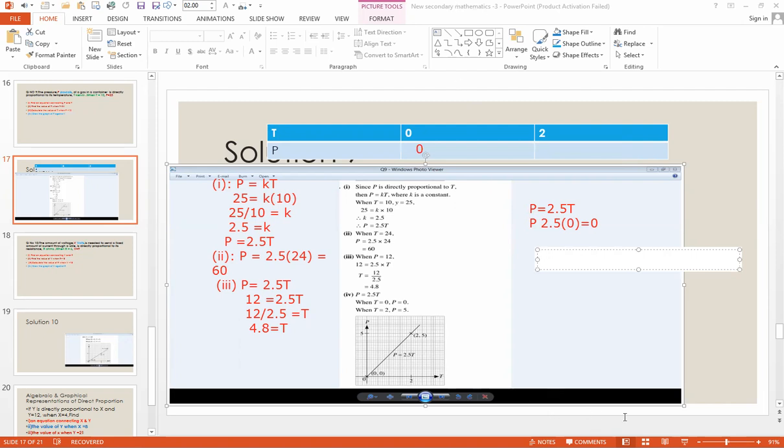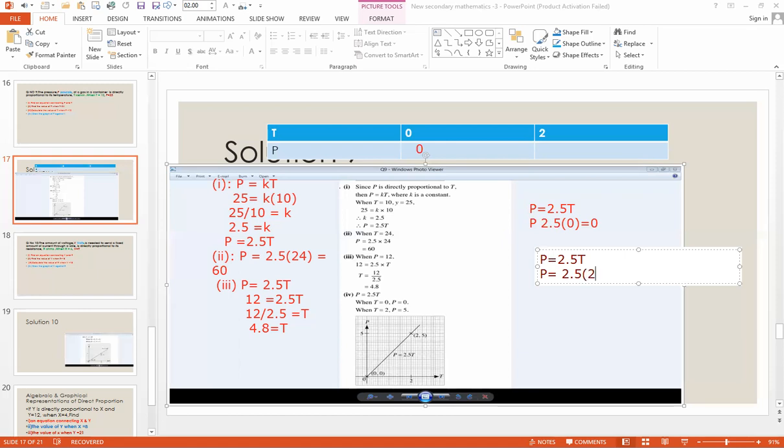Now for the next point, again we rewrite this equation: p equals 2.5 t, and here we take the value t equal to 2. You can take any value, but I want a whole number, because 2.5 multiplied by 1 is equal to 2.5, so I take this 2.